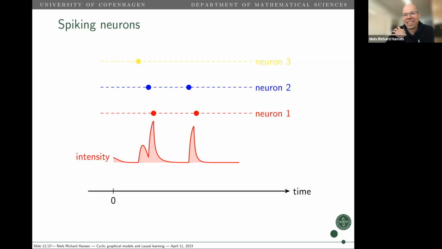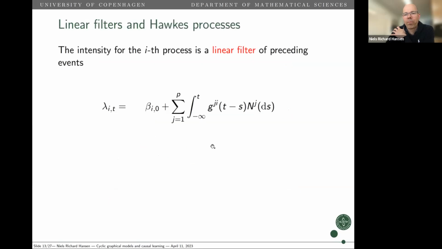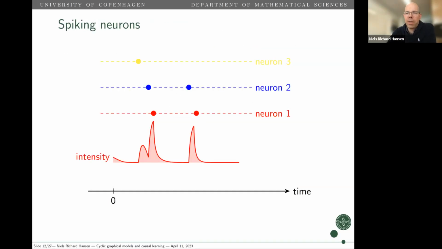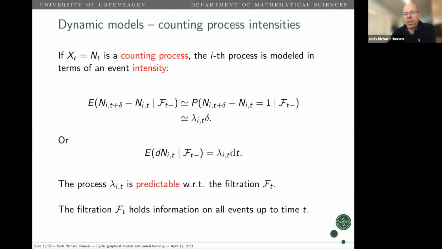Yeah, the question was asking about how the causal graph looks, if there is a causal graph, I think. Yeah, so I didn't say so much about whether there is a causal interpretation. This is a question of whether you can intervene and whether these interventions are actually captured by these intensities. In this part of the talk, I'm really only talking about this as a probabilistic model and the corresponding conditional local independencies it implies.